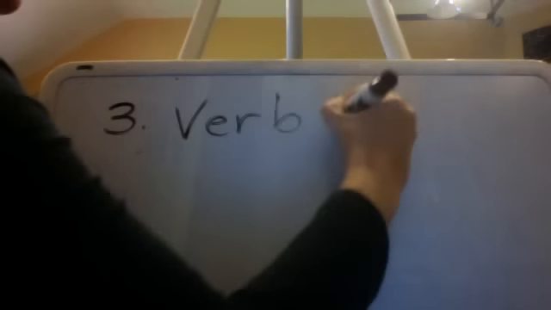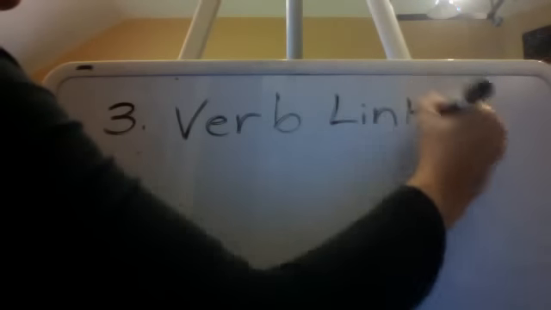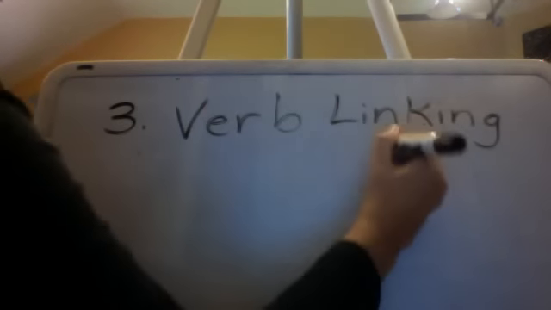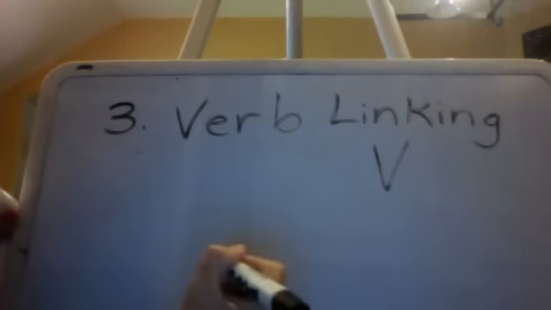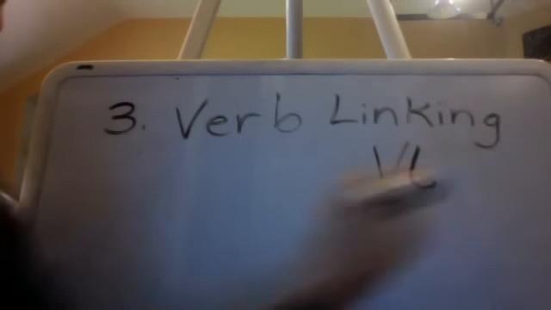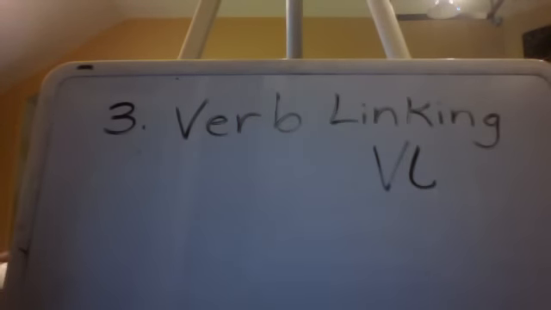The third type of verb that we want to look at is also listed on our sentence pattern sheet, and it's called verb linking. And it is abbreviated with a capital letter V and a small letter l. A linking verb makes an assertion by joining 2 words together.